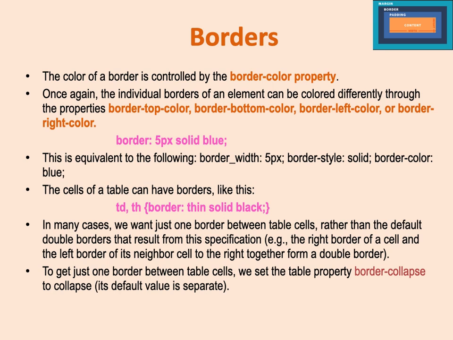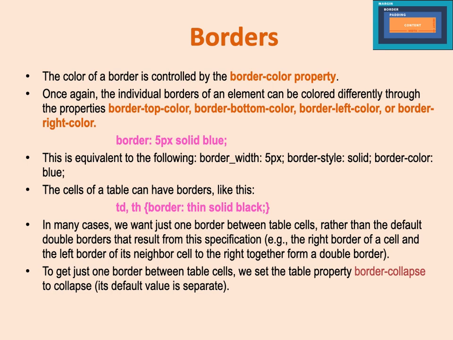One example is given here: border: 5px solid blue. So it's a shortcut method. This is equivalent to the following: border-width, that is 5px, border-style, that is solid, border-color, that is given a value blue.